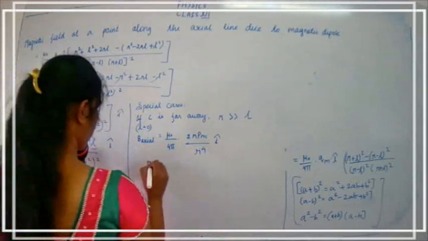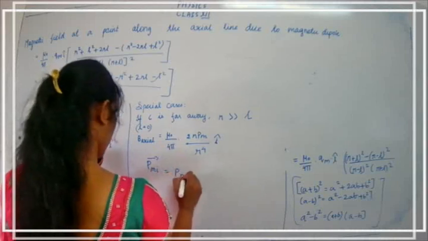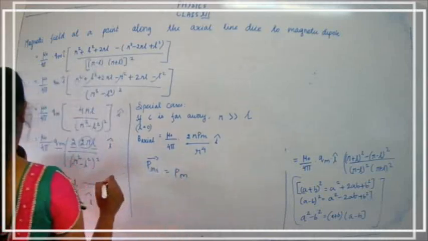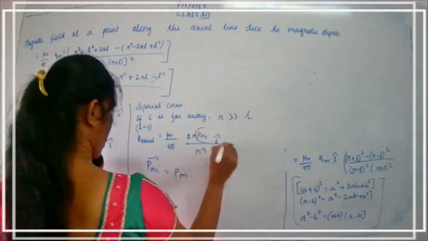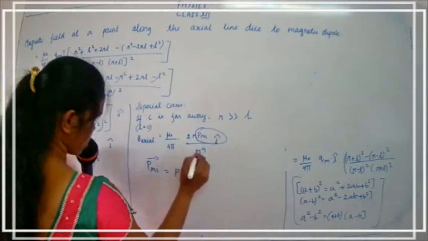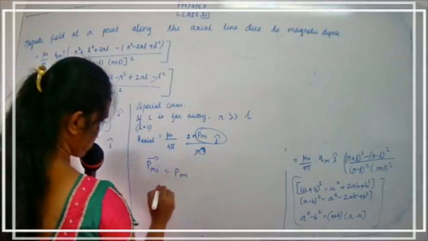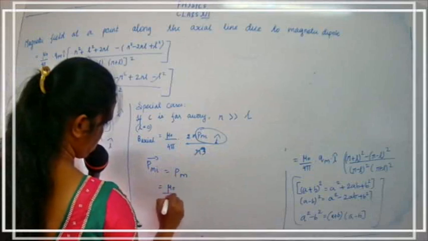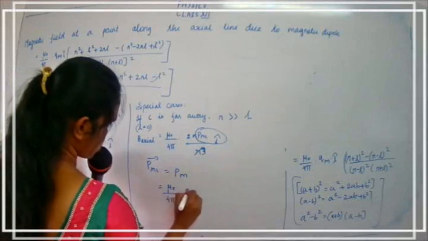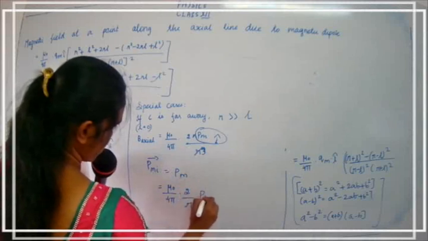Now PM I vector equal to PM. So this PMI is replaced by PM. So what happens? This R power 4 and R get cancelled. So R cube is left: mu naught by 4 pi into 2 by R cube into PM.